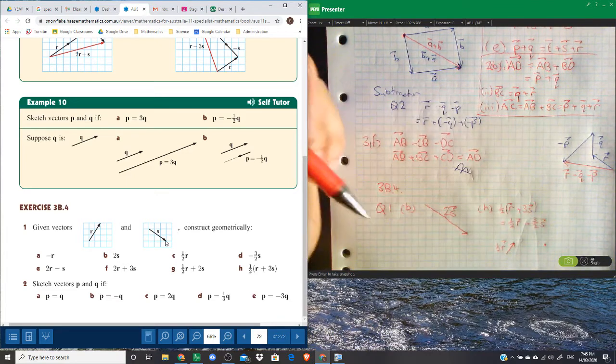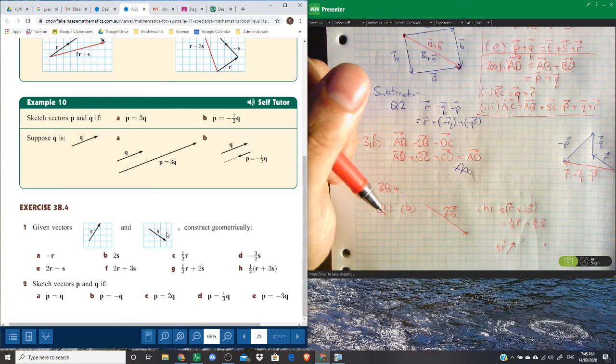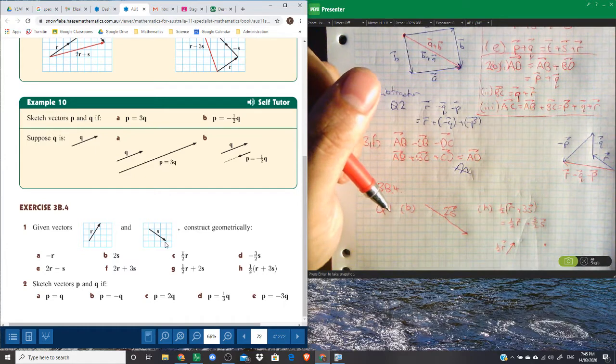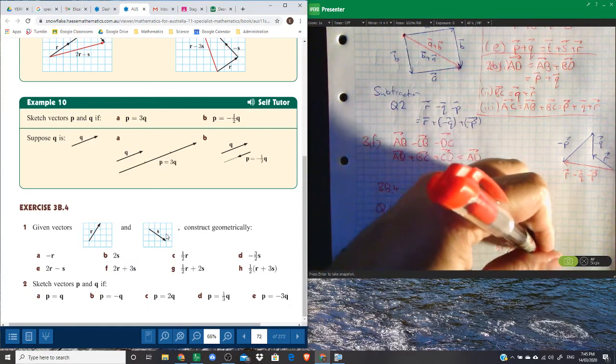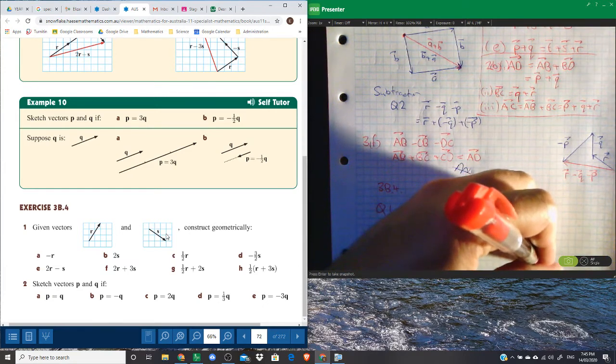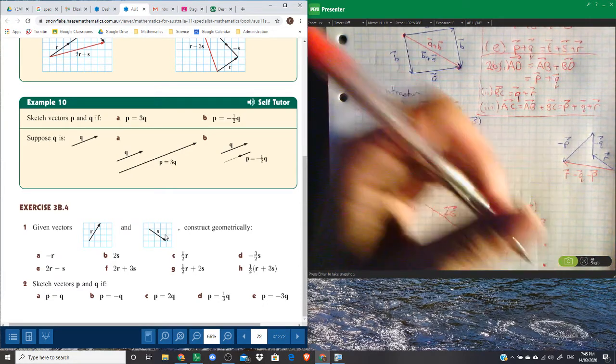Put a little point there just for reference. And down it goes 2, divided by 2 is 1, times by 3 is 3. So 1, 2, 3 motions down.